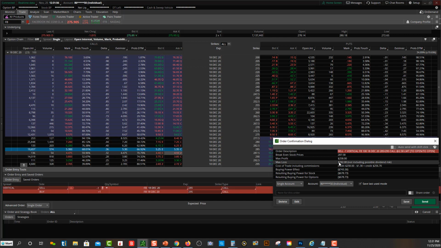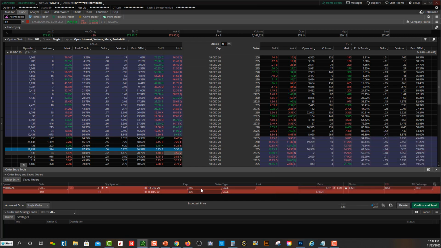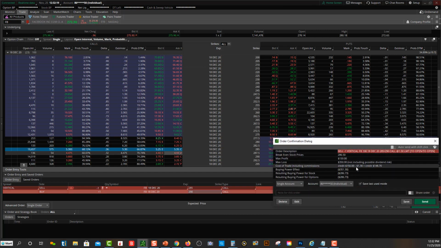But also with your losses, don't go for those max losses. If the trade goes against you, keep those losses small. Don't let yourself get to these max loss levels. With a 10 width, you'll see the risk is 742. When you go to a 5 strike width right here, you'll see the risk was $350.